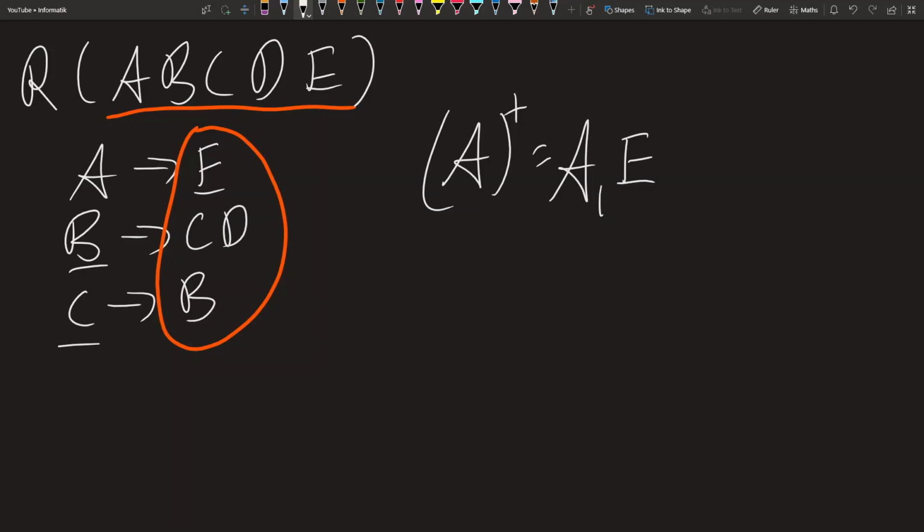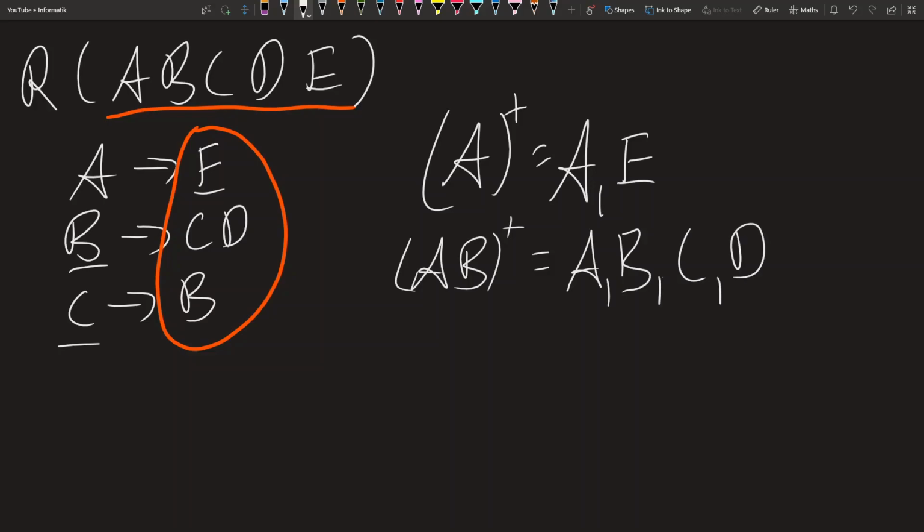So start with B. So A, B. What is it determining? We have itself, A, B. But also we got C and D. And that's already, oh, I forgot E. So E, because we have it here.